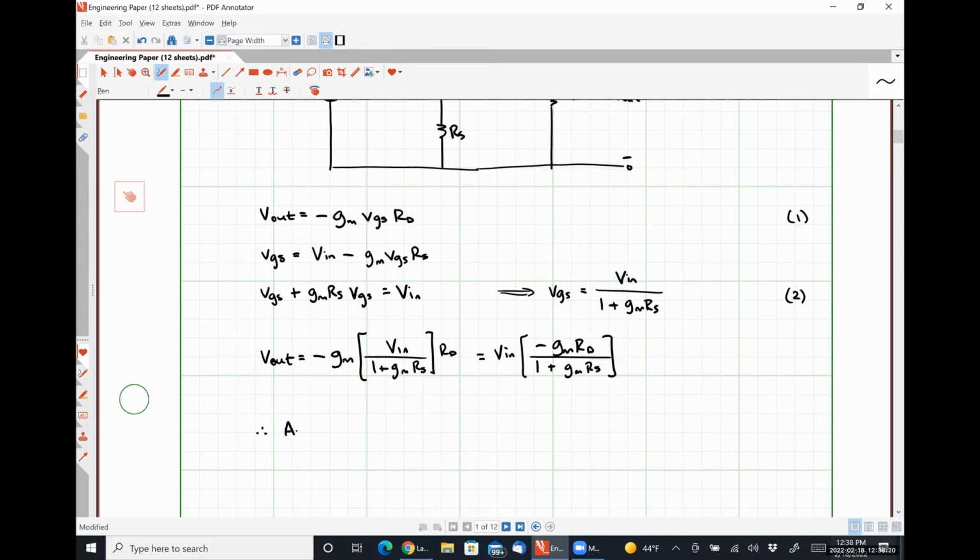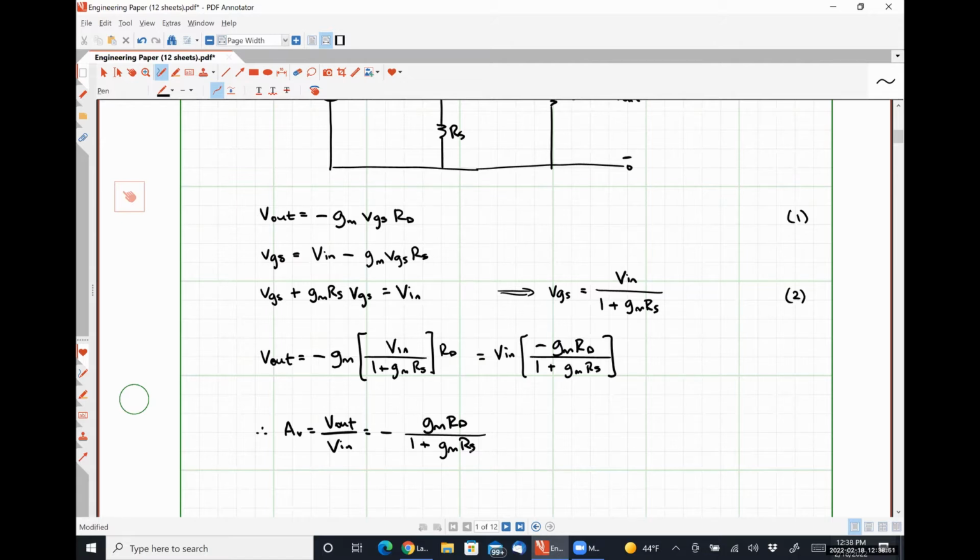And from this, our voltage gain, V out over Vin, is negative GM RD divided by 1 plus GM RS, which is the form that I prefer, because we can directly see how the gain of the device is affected by the effects of our source degeneration.